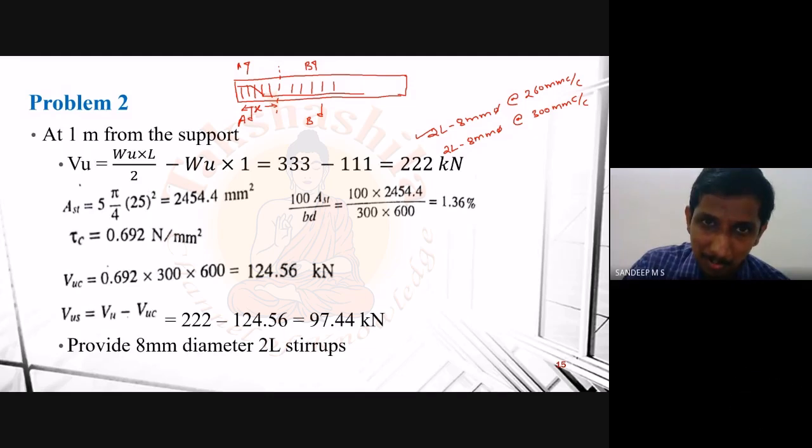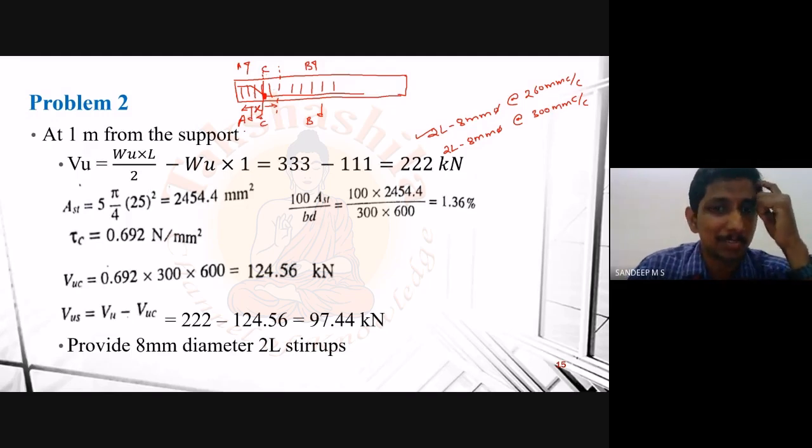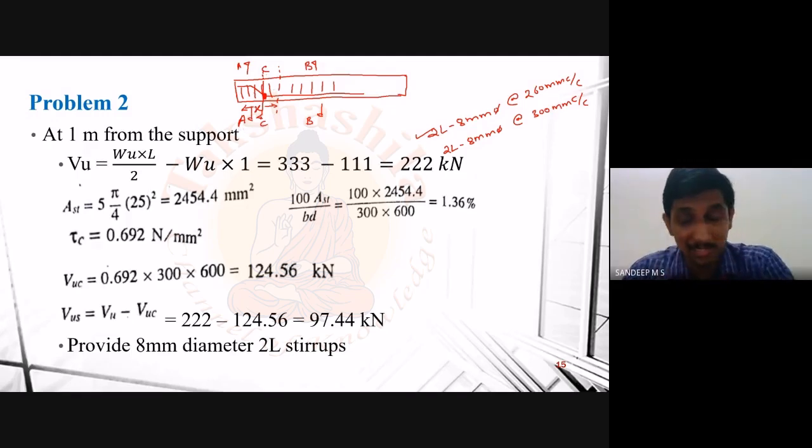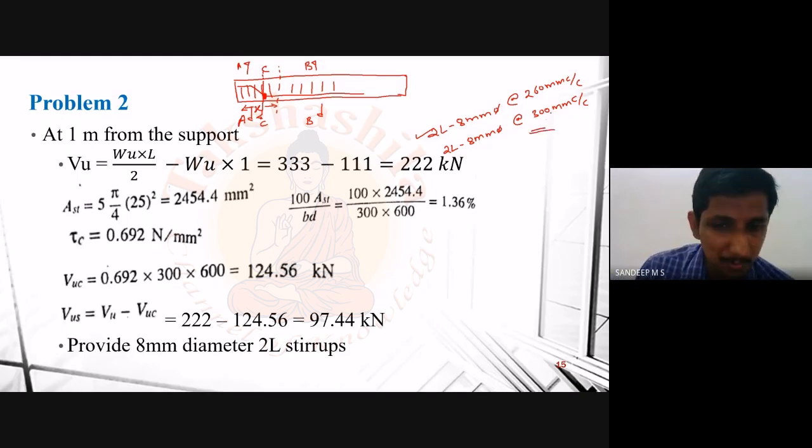At this particular point where 1 meter is reached, I have 5 number of 25 mm bars going in this horizontal direction. So basically what you have to do is take another section here, let us mark it as CC, and you have to again perform the shear design, and let us see whether the spacing can be increased to 300 at 1 meter.